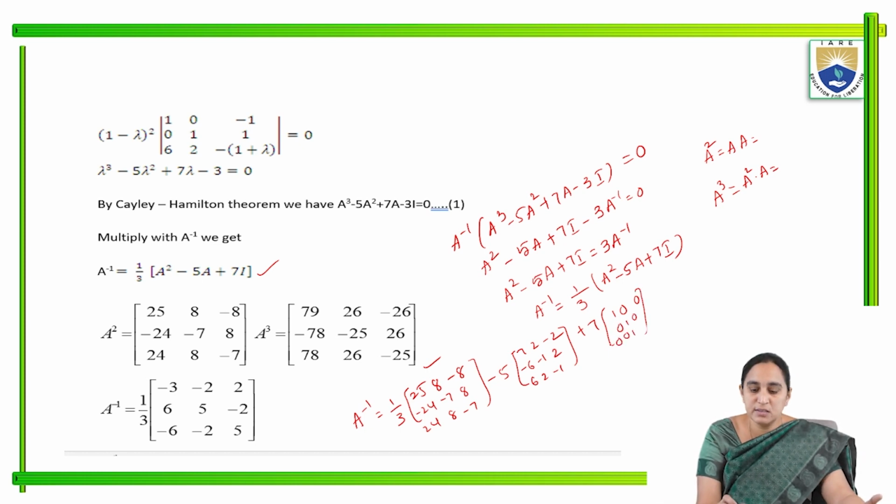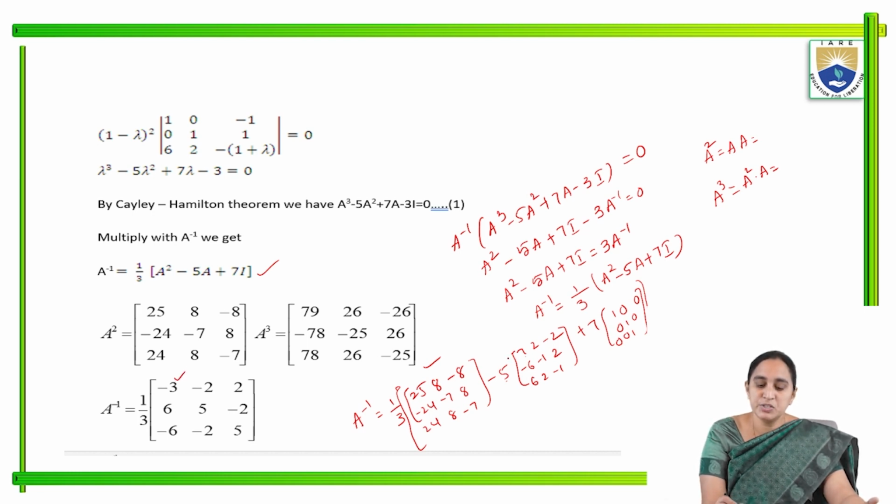If you are adding all of these and multiplying by 1 by 3, after adding these three we divide by 3. The first element is 25 minus 35 plus 7, that is minus 3.